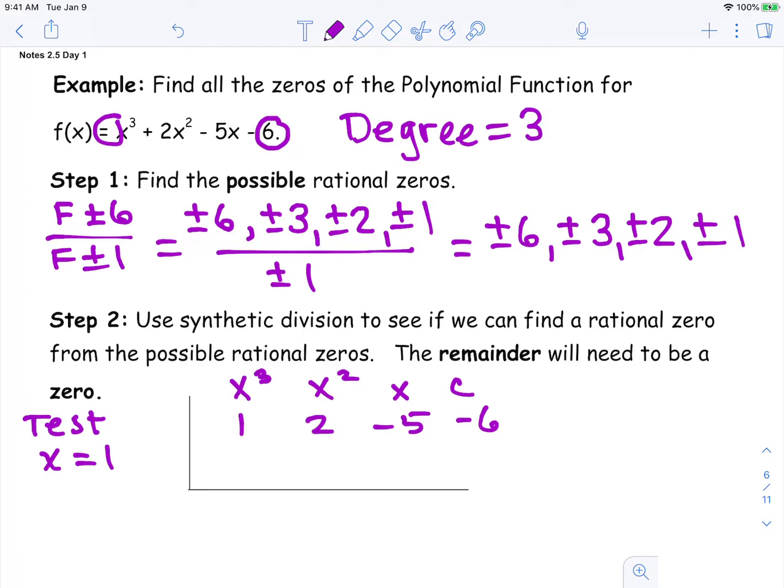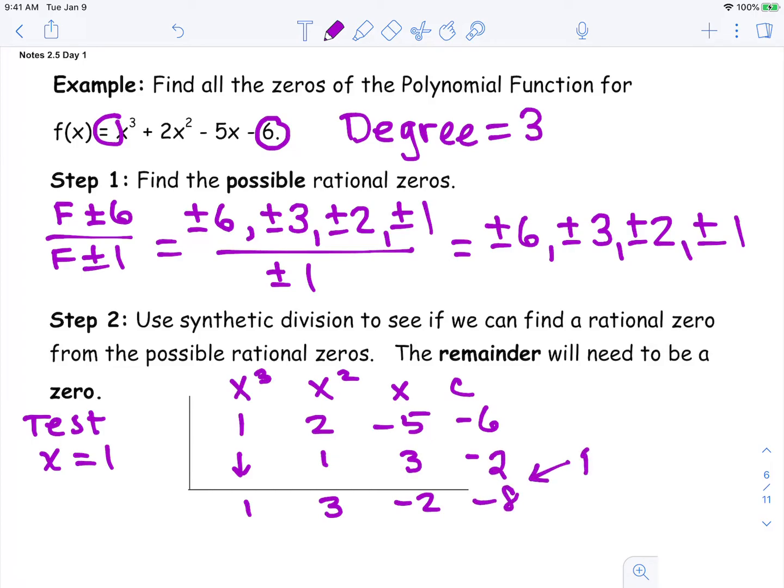And now here we go. Bring down the 1, multiply it to 1, add the column, multiply the 1, add the column, multiply the 1, add the column.